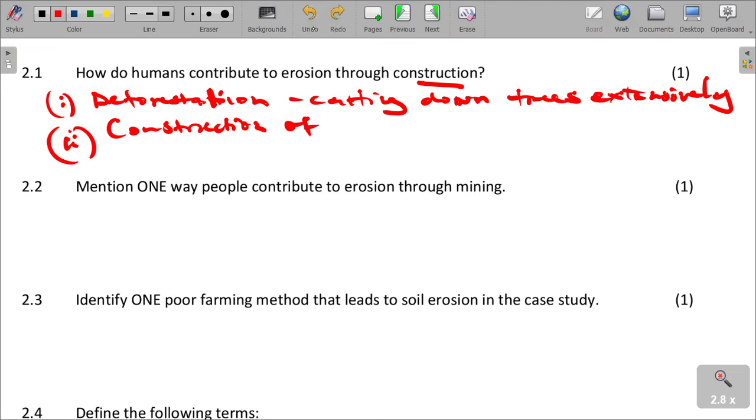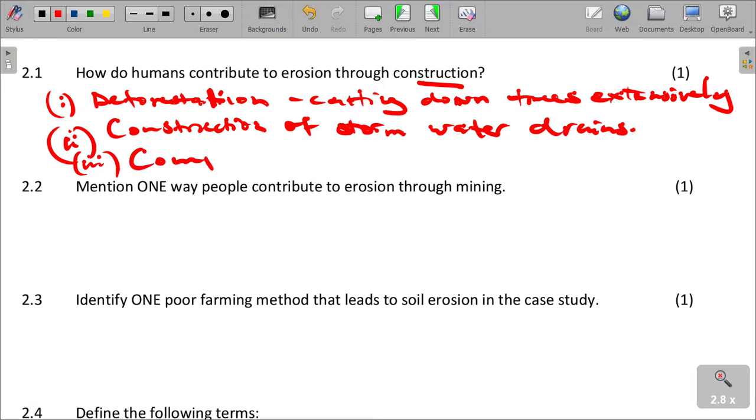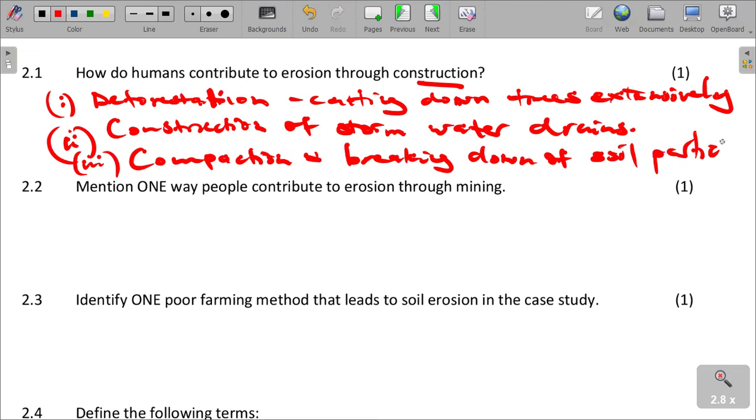Construction also can cause erosion. We can also talk about the compaction and breaking down of soil particles into smaller soil particles, exposing them to agents of erosion.